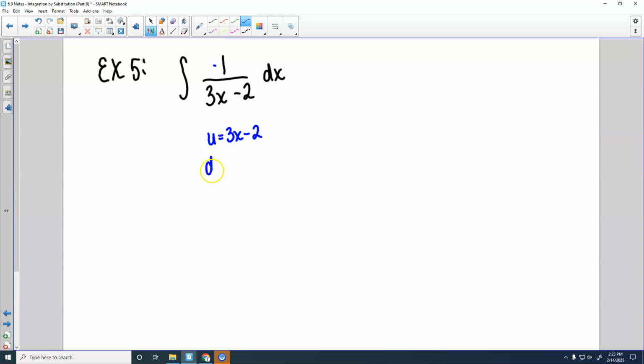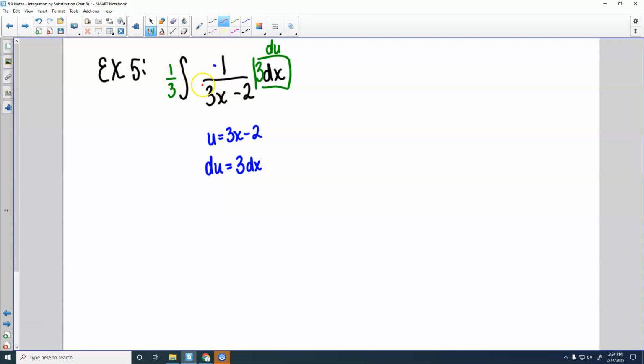And so that means that du would be 3 dx. Like we've seen on many of these, we don't quite have the du. We need a 3 to go over here with the dx so that we can call it du. But if we put the 3 there, what have we got to do out front? 1/3 right there.